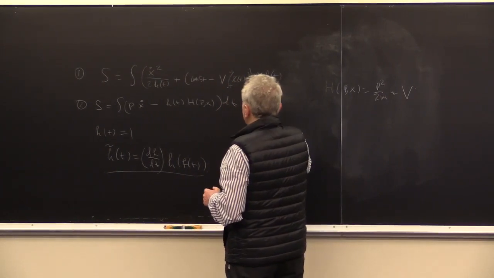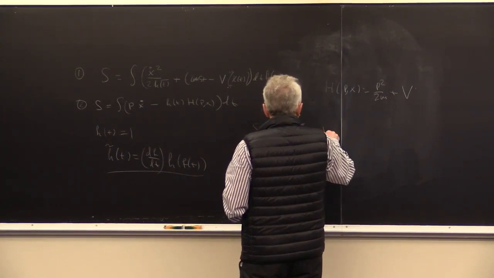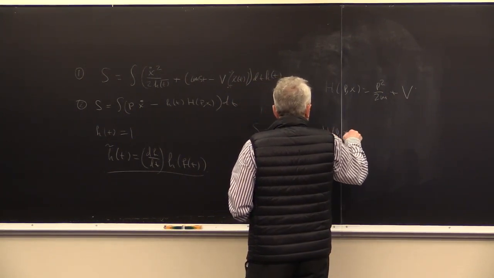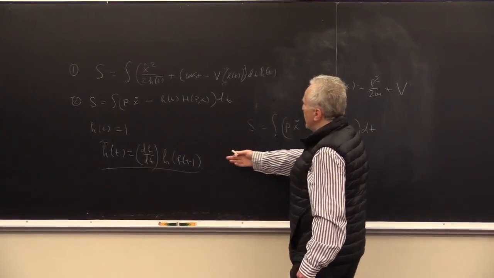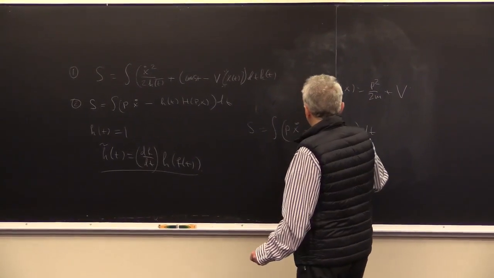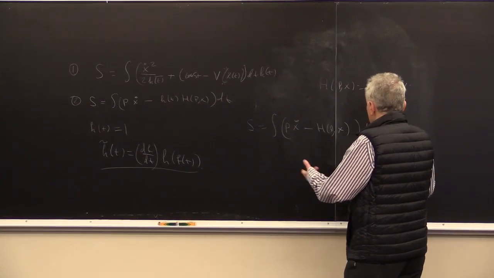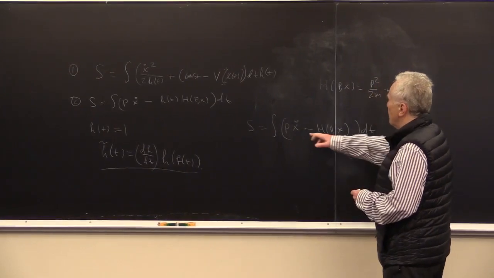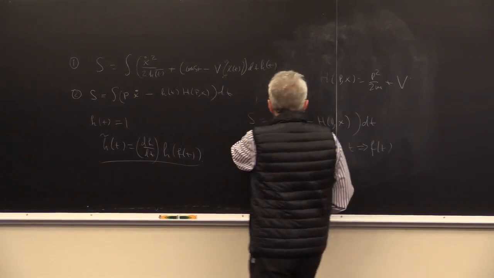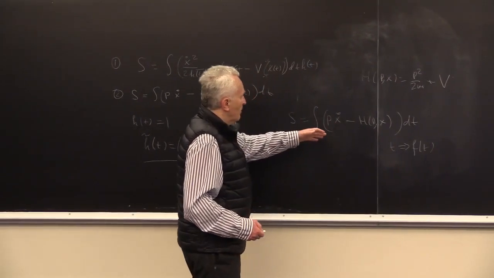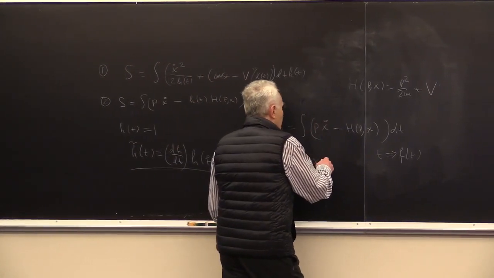If you set it to 1, you have the action, the Hamilton action. And what it tells us is that if you change parametrization of time, t to f of t, this will not be invariant, but the first term will be invariant, because the first term basically, of course, it's easy to do the calculation.